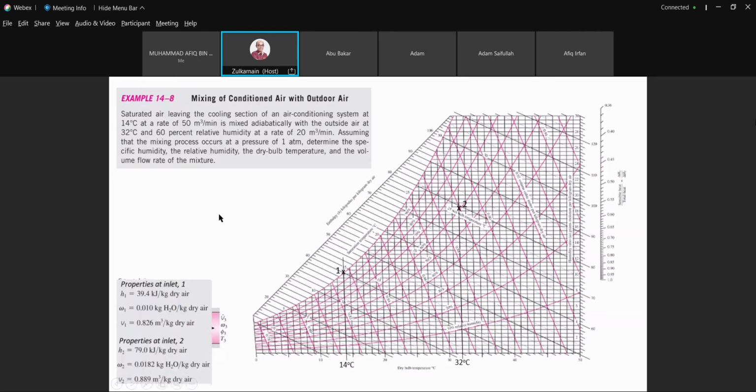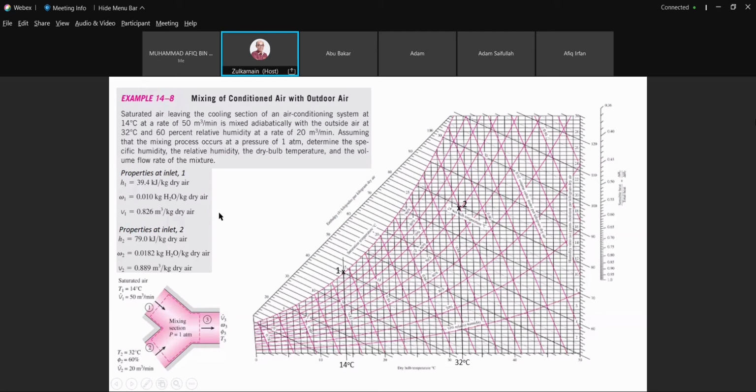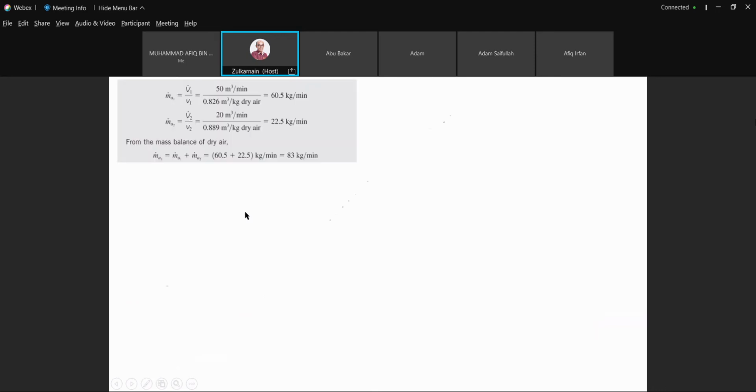Right? So from here, we could get H1, omega 1, v1, H2, omega 2, v2 from the psychrometric chart. And from there, we could get m dot a1 and m dot a2 based on the V dot 1 and V dot 2 given in the question.